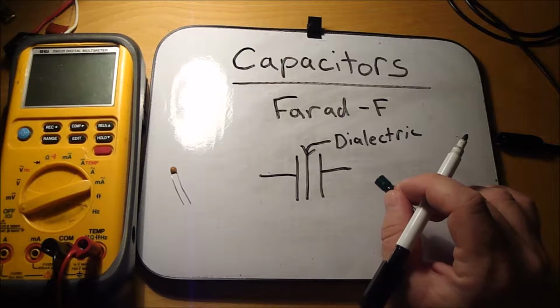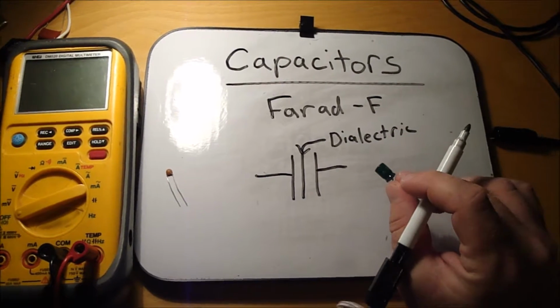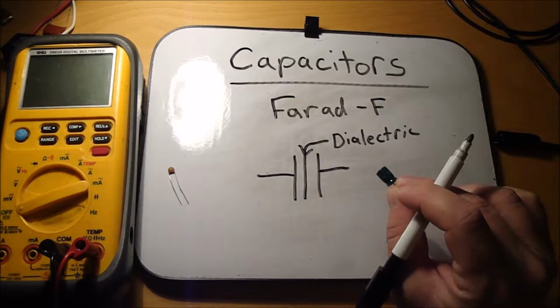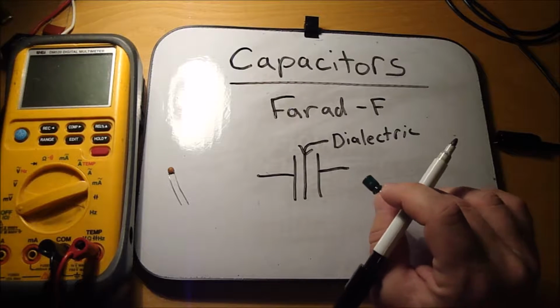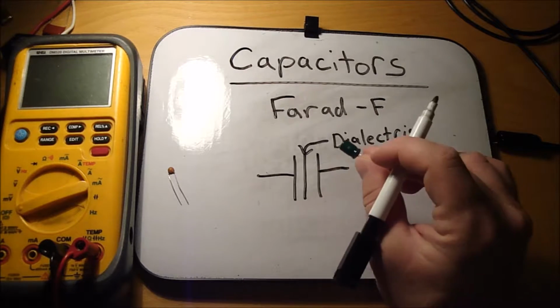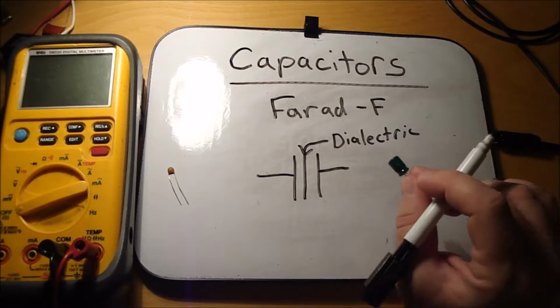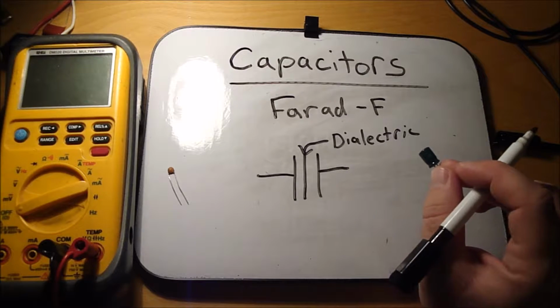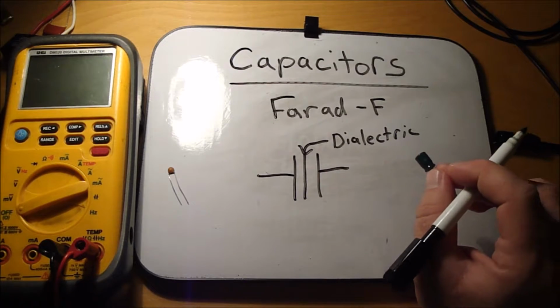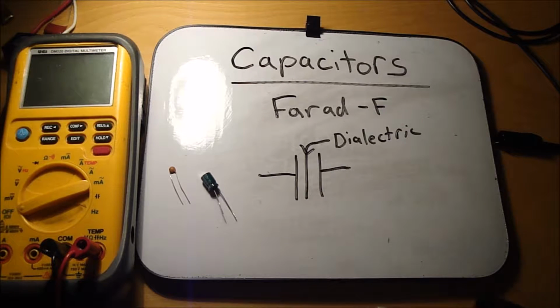The difference between capacitors is made up of the size of the conductive sheets and how close they are together and the type of dielectric. So there's many different things that contribute to what the capacitor's capacitance is.